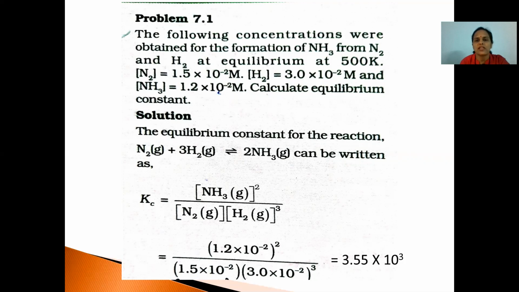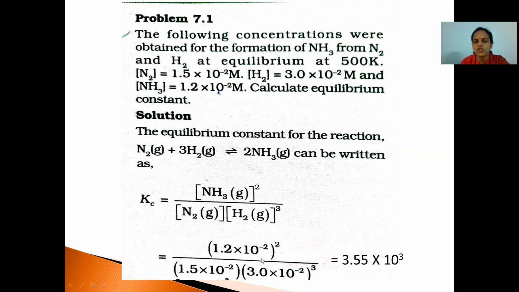And Kc for this reaction will be equal to product of products divided by product of reactants. And the coefficients which are there, they will be raised to their powers. As in this example, Kc is equal to NH3 to the power 2 divided by N2 into H2 to the power 3. So NH3 value is given here in the question as 1.2 into 10 raised to minus 2.